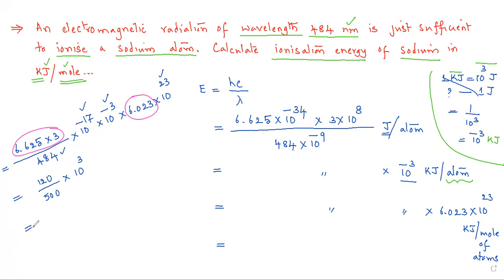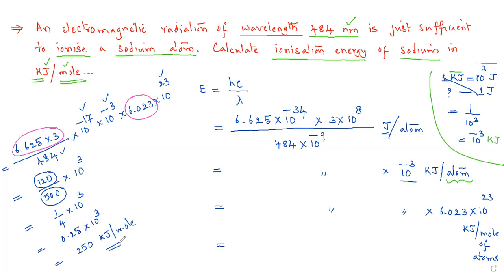If you consider this as 125 and this as 500, that will be 1 by 4, nothing but 0.25 into 10 power 3, nothing but 250. This is 250 kilojoule per mole.